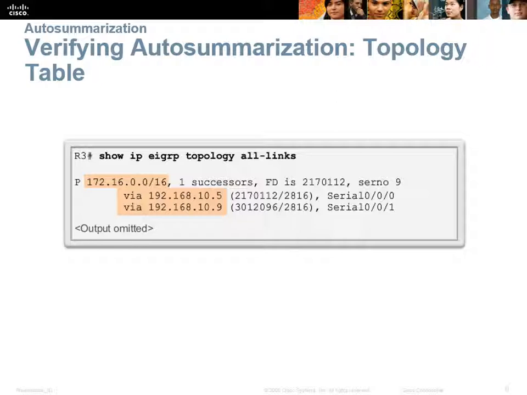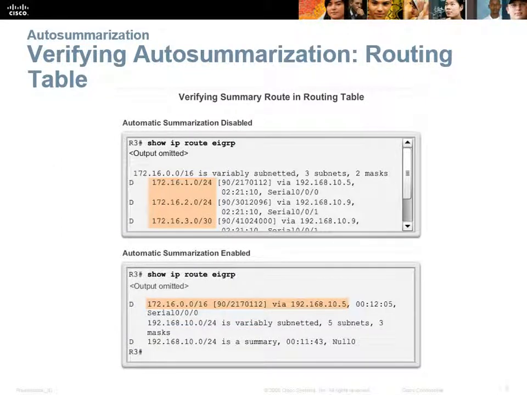If you're trying to get to the 172.16 network, you can go out 192.168.10.5 or 192.168.10.9. The route summarization, like I said, means anything coming out of 1, 2, or 3 is still underneath that 172.16.0.0, right? So all those networks are directly connected to that one. Now, you can get to them in a variety of ways, out the 10.5 or the 10.9, but all of them are summarized underneath that one network.